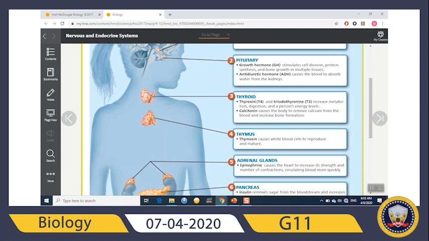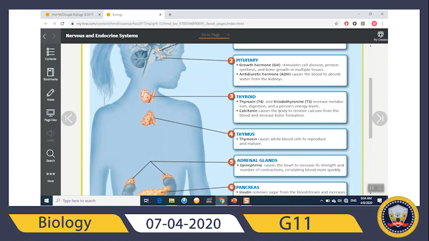So it's thyroxine, T4, and let's read it together: triiodothyronine, T3, responsible for increasing metabolism, digestion, and a person's energy level.